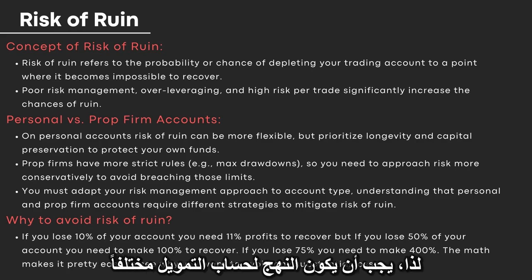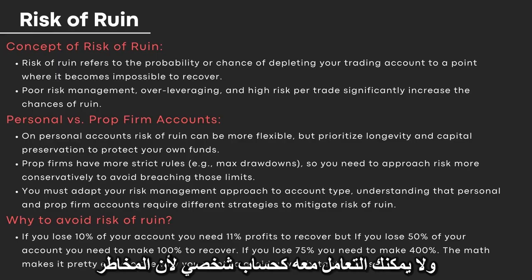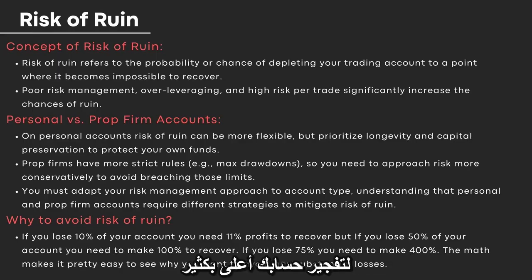So the approach for a prop firm has to be different, and you cannot treat it like a personal account, because the stakes of blowing up your account are a lot higher, and the room for error is smaller, given how small the drawdown limit is, which is only 10% for most prop firms.